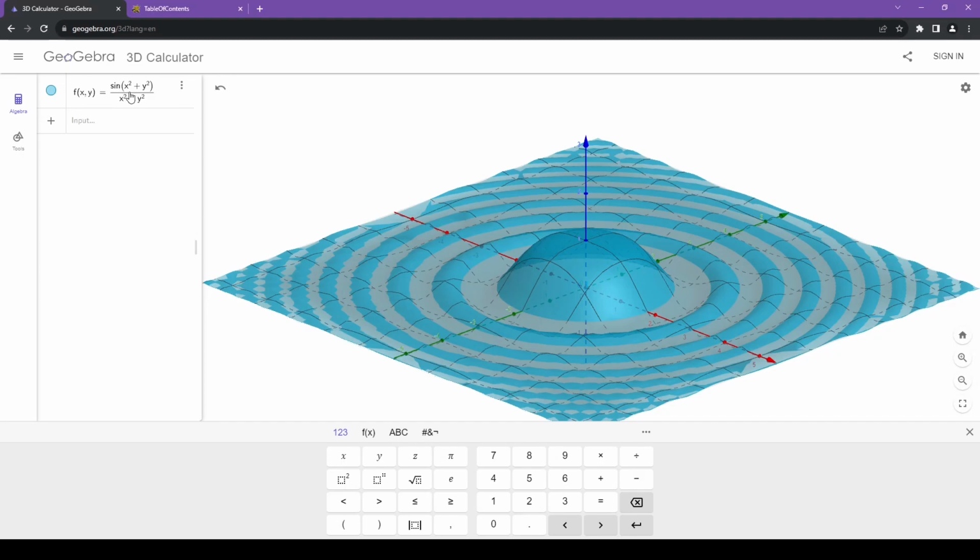That's the troublesome point, when x squared and y squared both get close to zero, that is, we're looking at the point here on the xy plane. The part of the surface directly above that, or below, it would be negative, would be where the trouble could occur. We don't seem to have any trouble here.